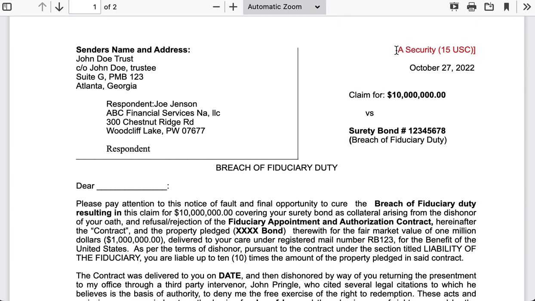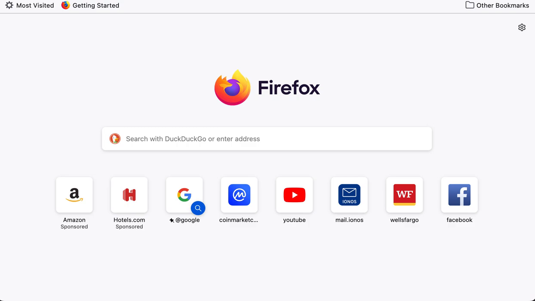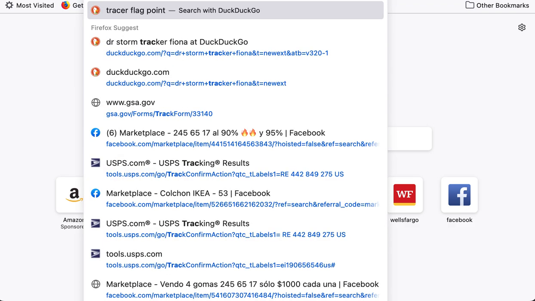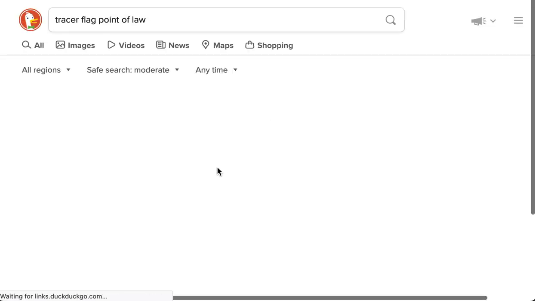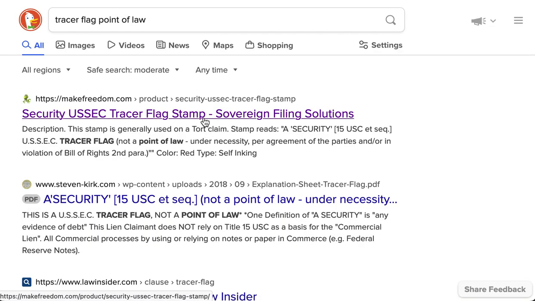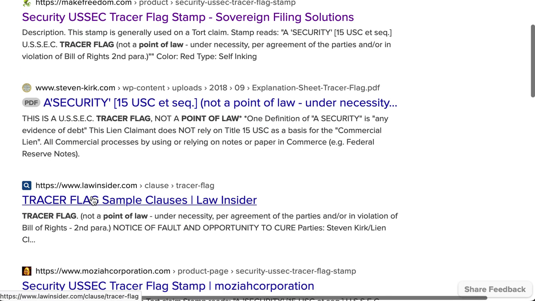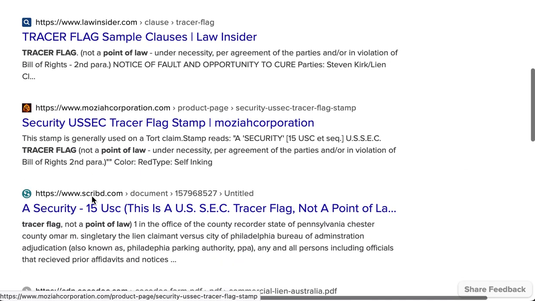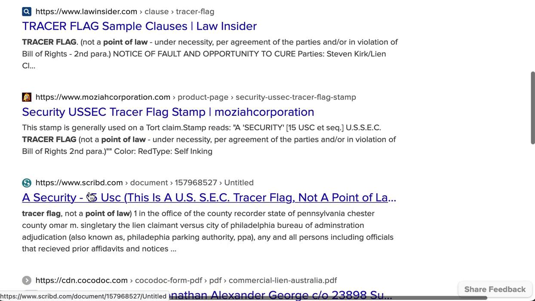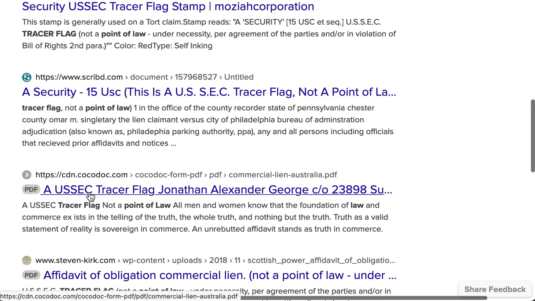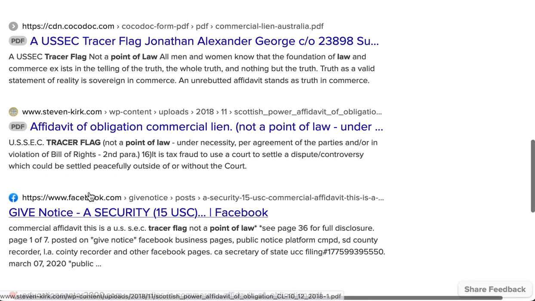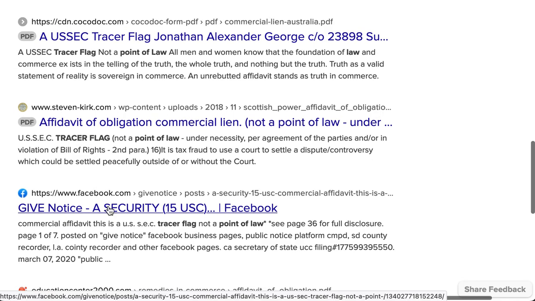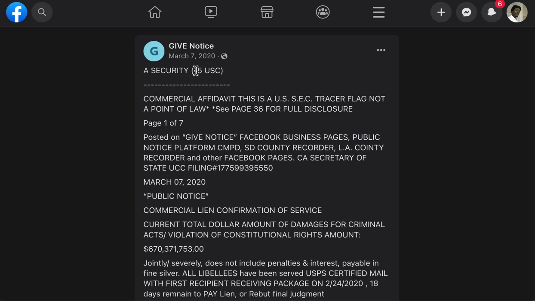Now, the first thing is this is the tracer flag that I was talking about. Let's Google real quick what a tracer is. So my understanding of this is 15 USC.